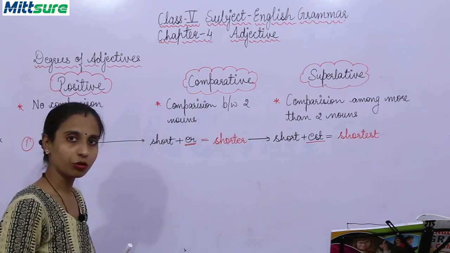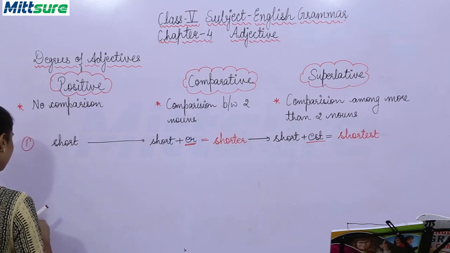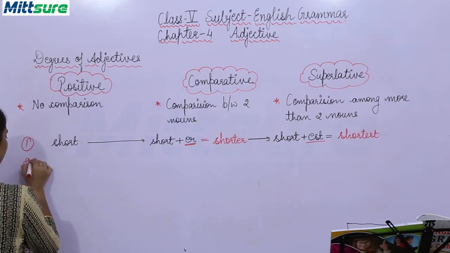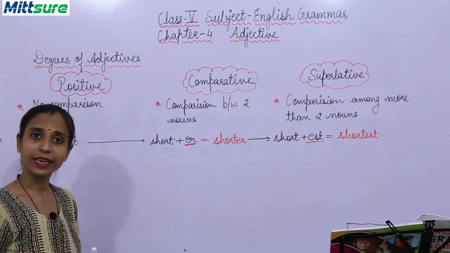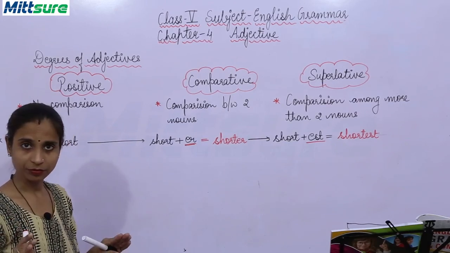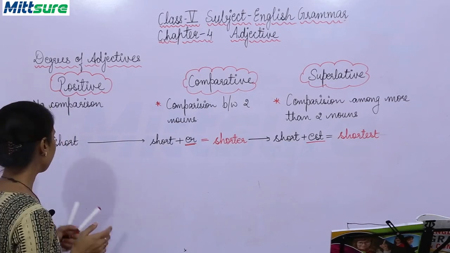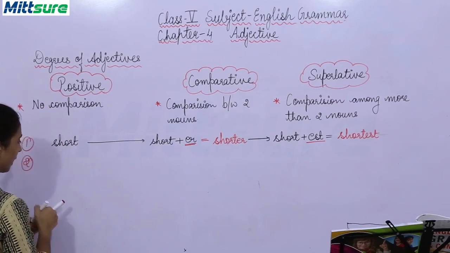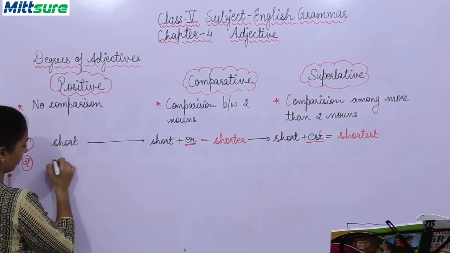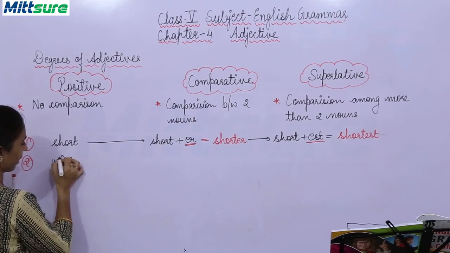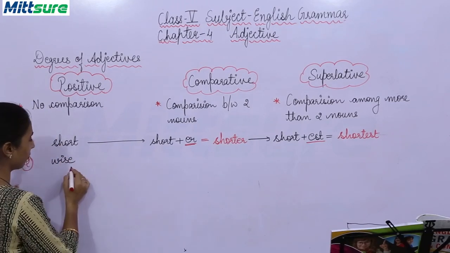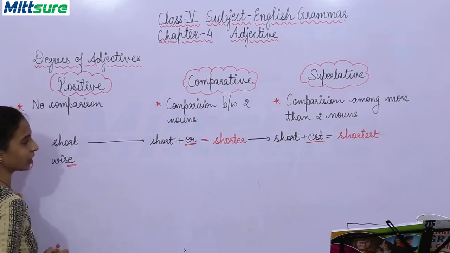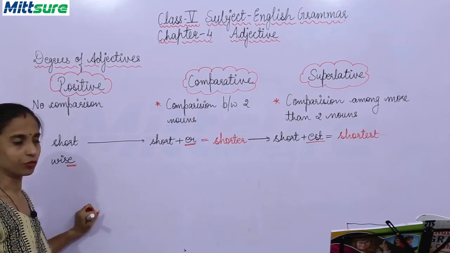Now, the second rule is when the word already ends with e. For example, wise. Here wise is already ending with e, so what are we going to do?